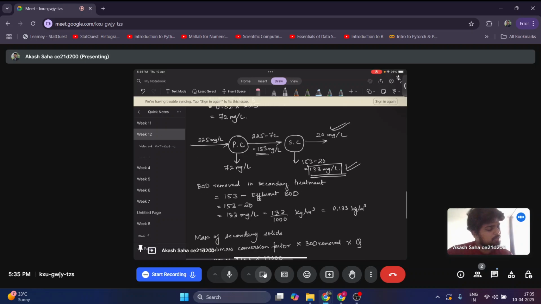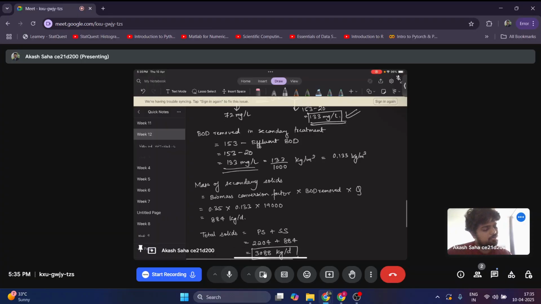So we found that amount of BOD, and then we calculate the mass using the biomass conversion factor. Per gram of BOD removed, 0.35 is getting changed into suspended solids. That's why that conversion factor comes into the picture. I hope this is clear to all of you.